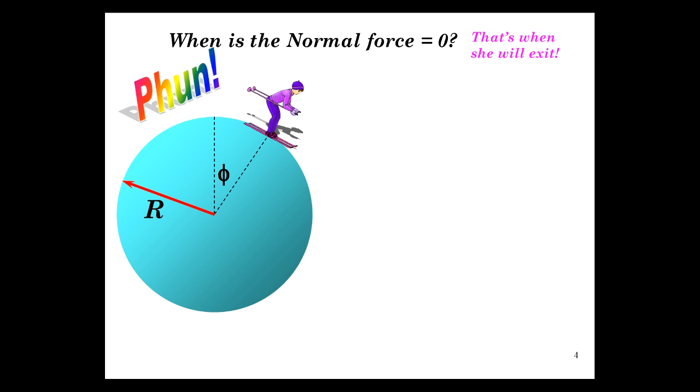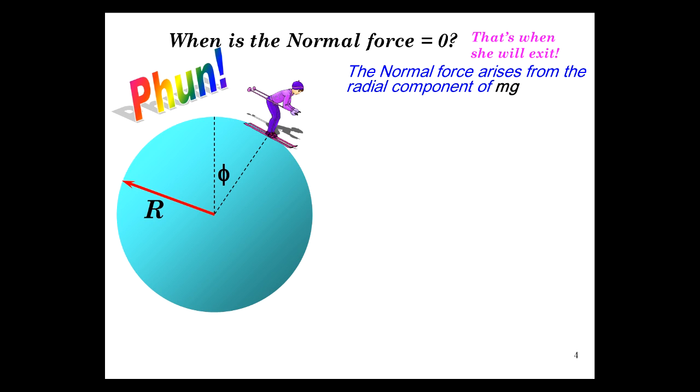Therefore, that must mean that there can't be any more normal force. So when is the normal force equal to 0? Now that will be a lot of fun. Why? Because she will feel weightless, and that's worthy of a lot of cheer and happiness as you experience weightlessness. In any case, she'll exit when that normal force drops to 0.